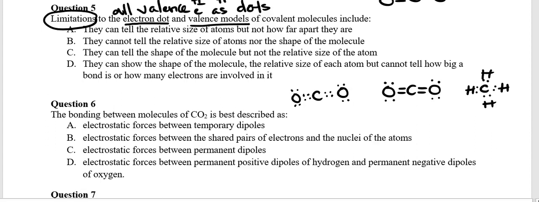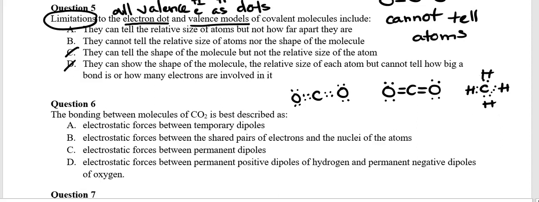So C is definitely not right, because C says they can tell the shape, which they don't. D is also going to be wrong because of that. Now another limitation: they definitely do not reflect the actual size of the atoms, or the relative size of the atoms compared to each other.